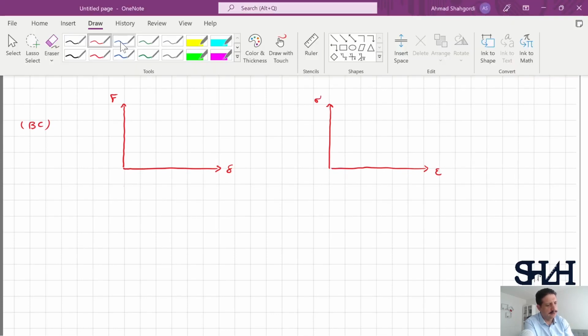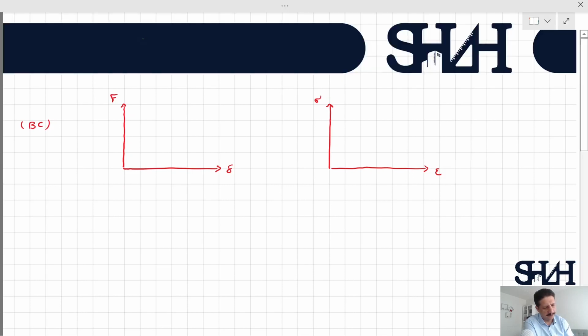As far as it's the same material, it's the same graph, 180 megapascal corresponds to 0.0018 strain. This is the graph, but in this phase, when P is going to be 190.5 kilonewton, the force in BC is 63.5 kilonewton.